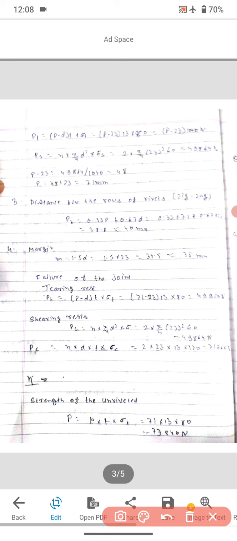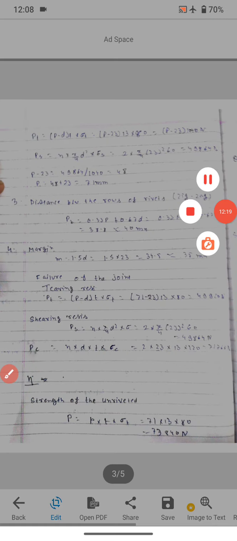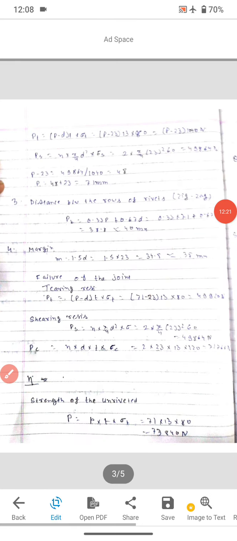Now that is the first part of the question. The second part is to find out the efficiency, and we have done a lot of questions on the efficiency of the rivet.